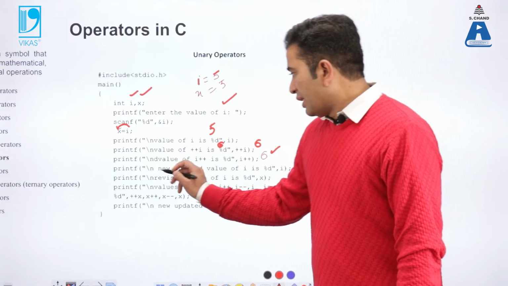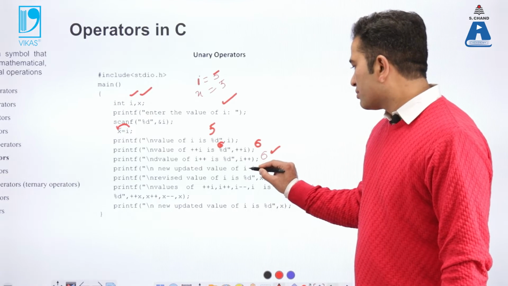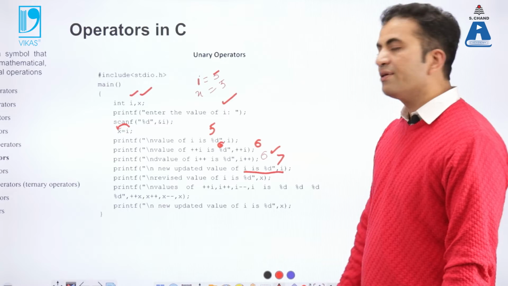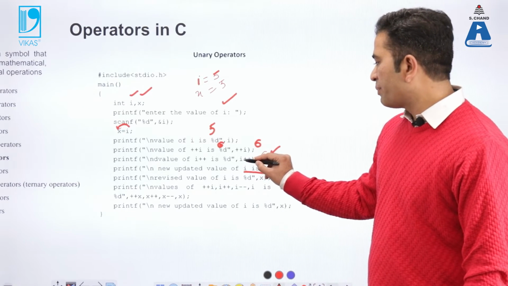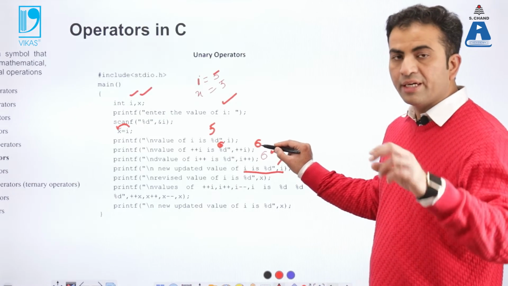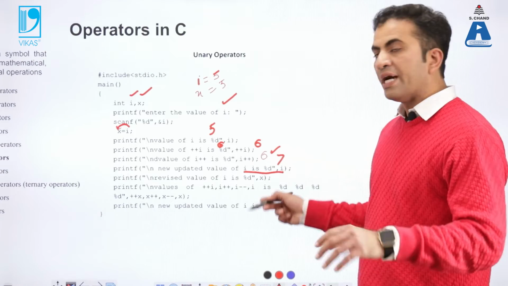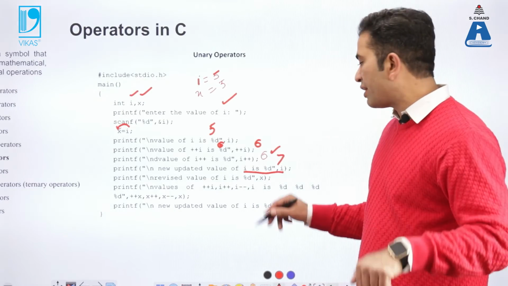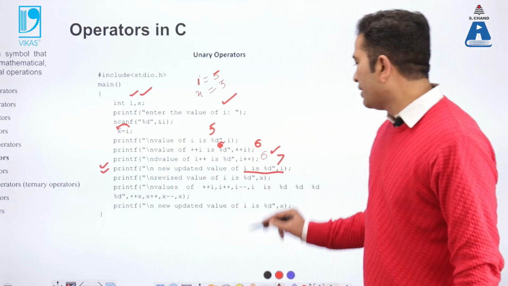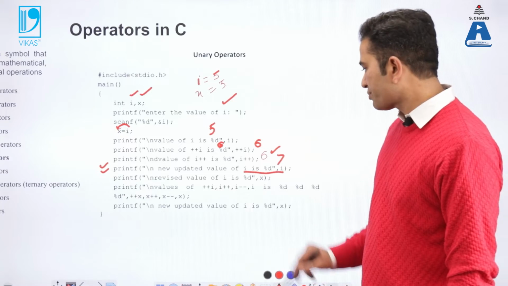So 6 is there. Now the new updated value of i will be 7. Why? Because in the previous statement i++ was there, so it first printed the assigned value, and after that it updated the value, and that updated value was saved again in the variable i. That's why in this particular statement it prints the value 7 as the output of i.